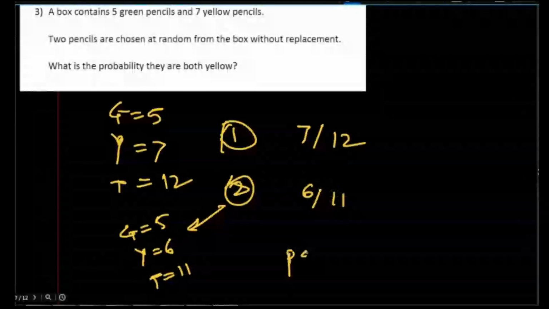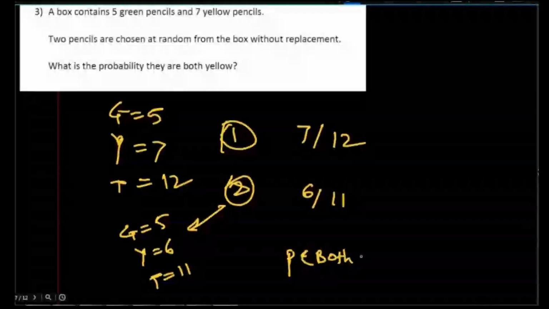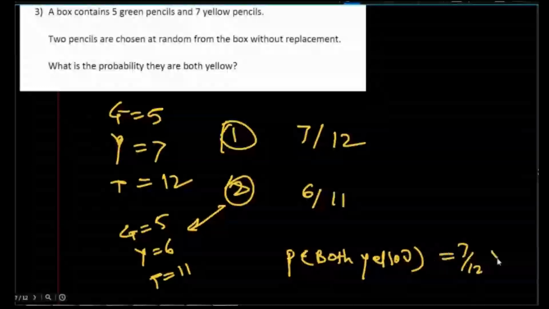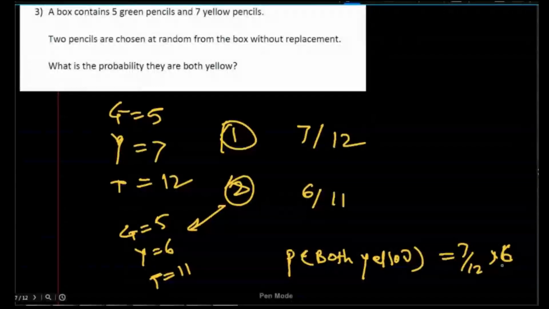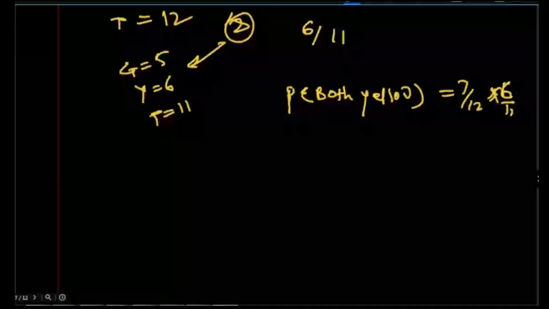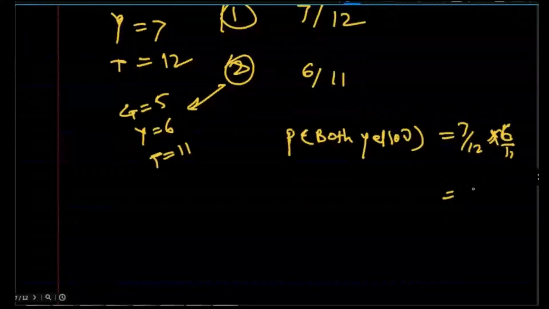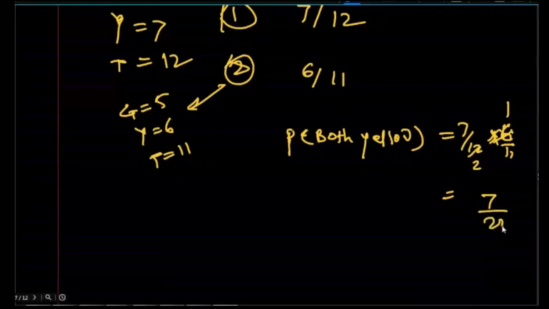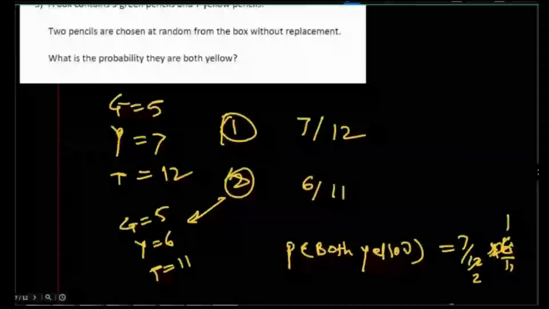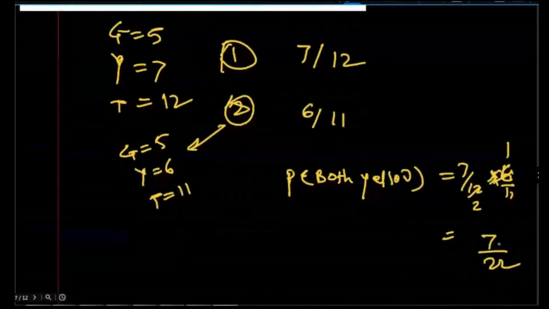And the probability of both yellow will be 7 by 12 into 6 by 11. Now you can multiply this and calculate the answer. Six ones are 6 and 6 twos are 12, so this will be 7 by 22. The answer is 7 by 22.